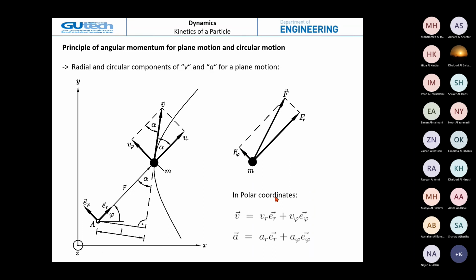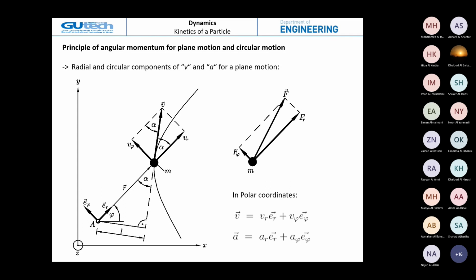Now in the polar coordinate system, we know the velocity v, as we have seen in kinematics in part 1, is Vr, the radial velocity along ER, plus V phi E phi. The same for the acceleration: it has one component in the radial direction and a second vector component in the circumferential direction.